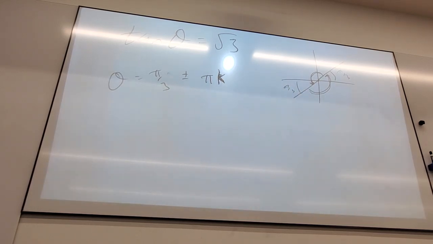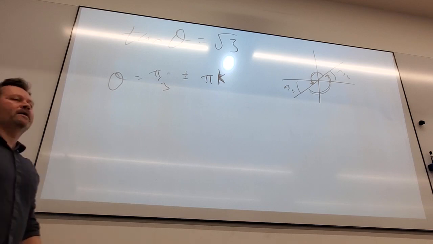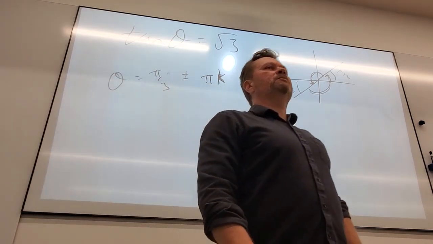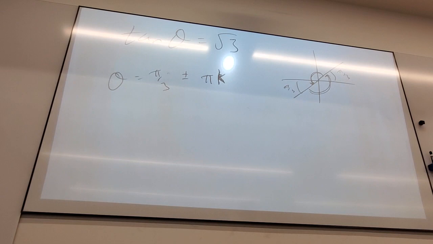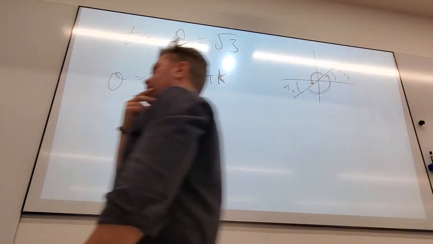Pi k, yes. And why does that make sense? Because what's the period of tangent? Pi. So it makes sense that sine and cosine will most often have 2 pi there, and tangent will most often have pi there. Maybe.